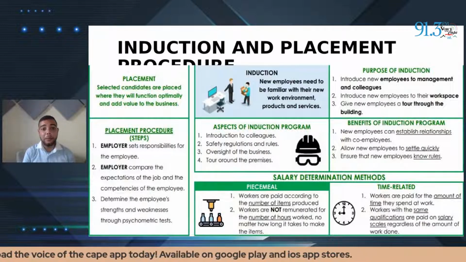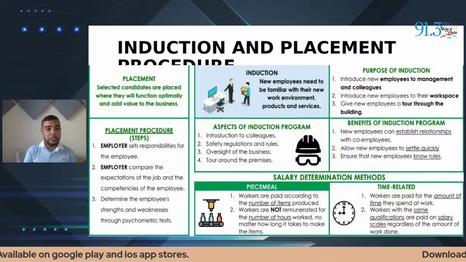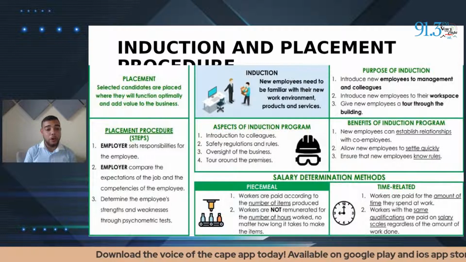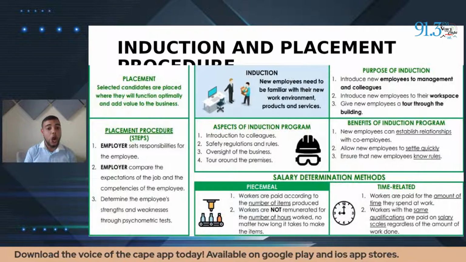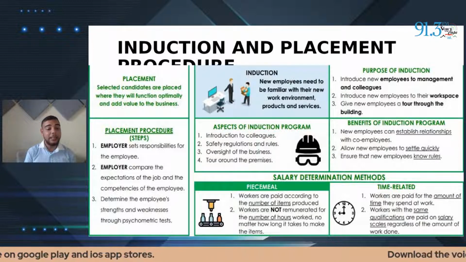So the induction and placement procedure. Placement. So, placement procedure, the employer sets responsibilities for the employee. Employer compares the expectations of the job and the competencies of the employee. Determine the employee's strengths and weaknesses through psychometric tests.